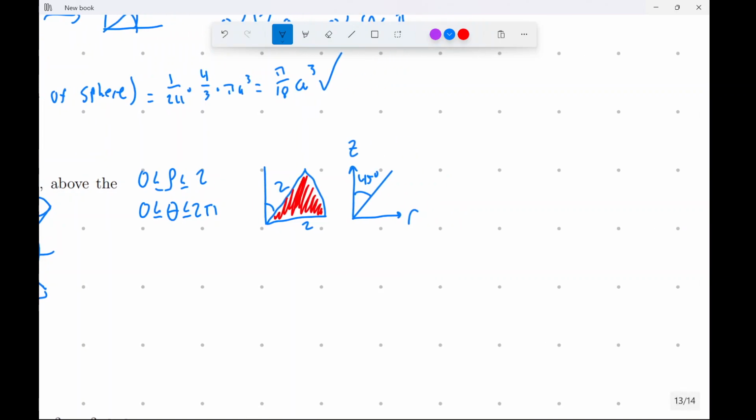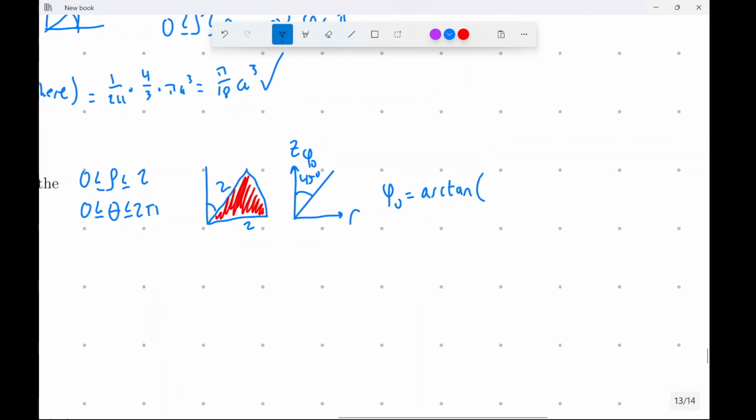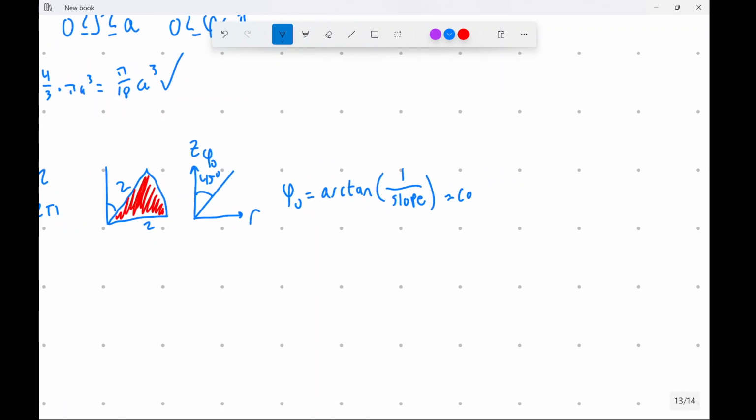In general, I'll call this one phi 0. In general, phi 0 is going to be arctan of, is it the slope or 1 over the slope? 1 over the slope, which is equal to arc cotangent of the slope of your line.